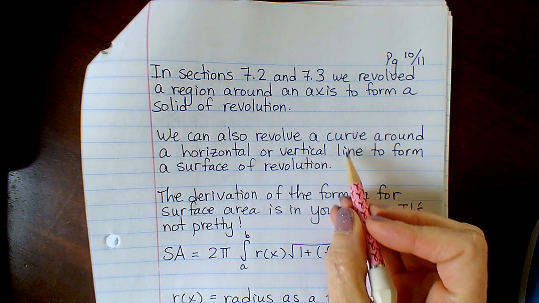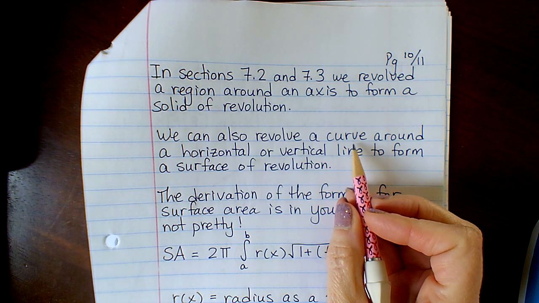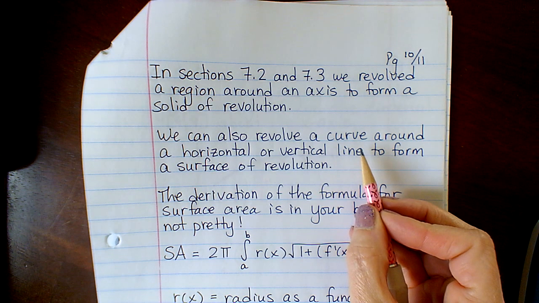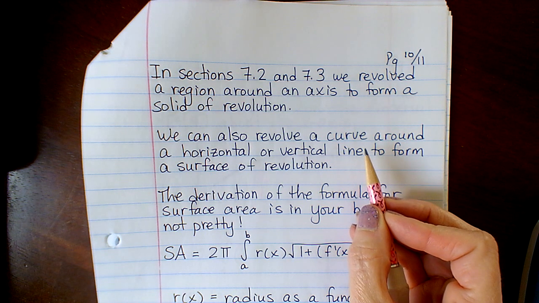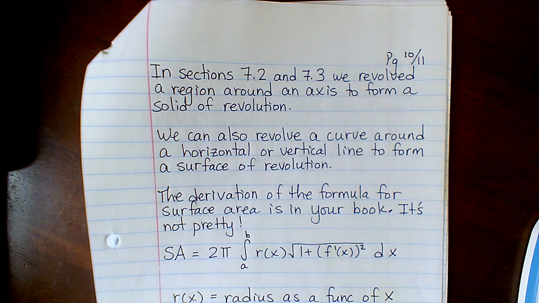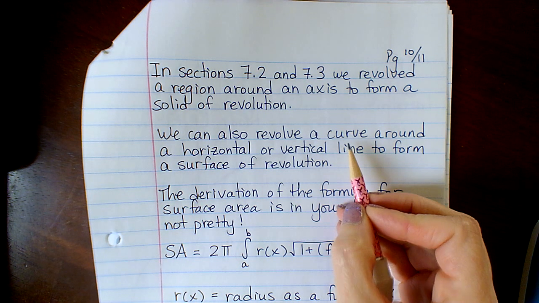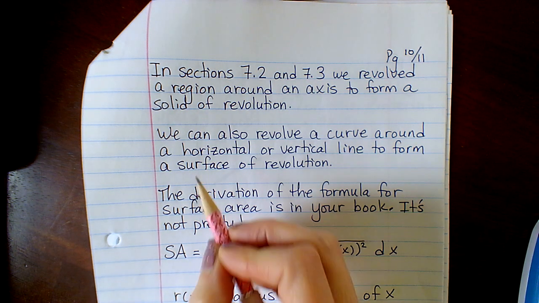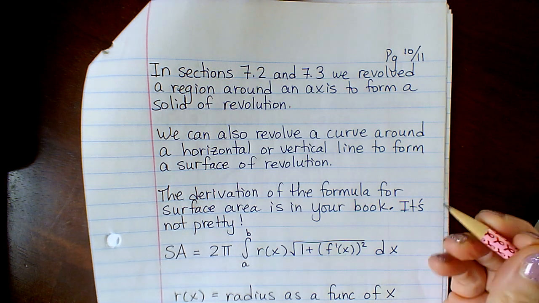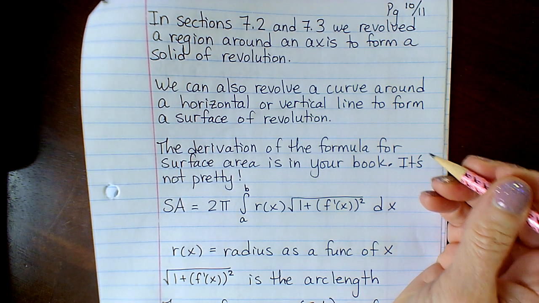If I just revolve the curve and not an entire region, I'm going to get a solid as well, but it's going to be hollow inside. So we can just talk about the surface of this thing without talking about the volume or what's inside of it. We're going to talk about what's on the outside. So if we revolve a curve around a horizontal or vertical line, we form what's called a surface of revolution.